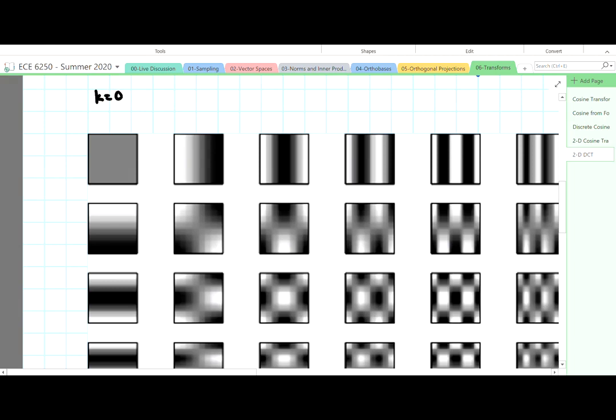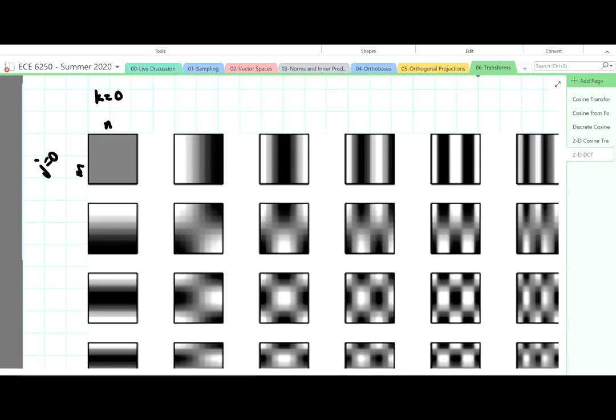K equals 0 is here. J is on this axis. And so M and N are the indices into these actual blocks. And since this is all constant, it's maybe hard to see where that is.